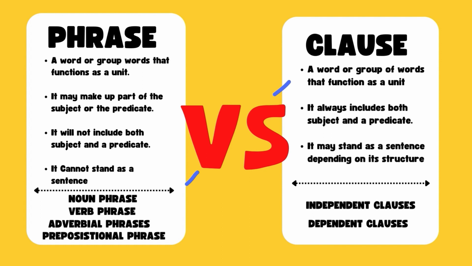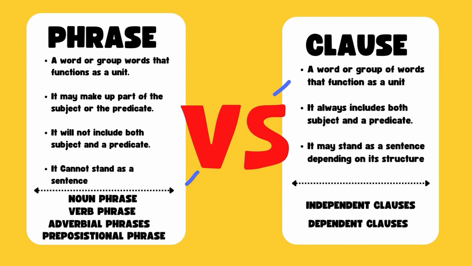When you're talking about sentences, there's a lot of things that you need to consider, and you need to be able to recognize phrases versus clauses. Today, we are going to be really focusing on two different types of clauses, which are independent clauses and dependent clauses. So, what is the difference between a phrase and a clause?